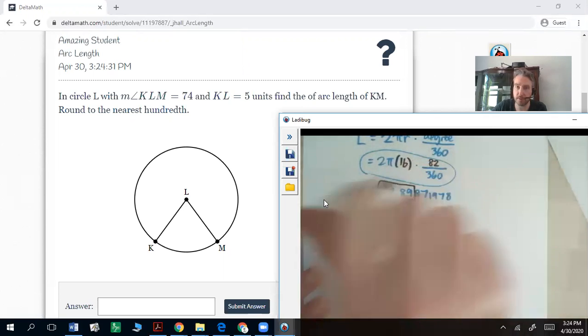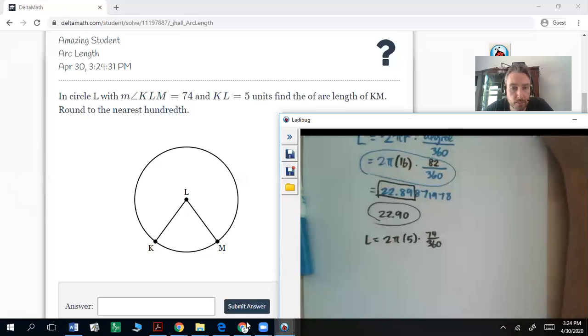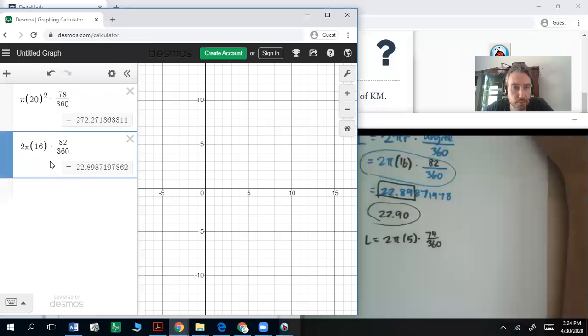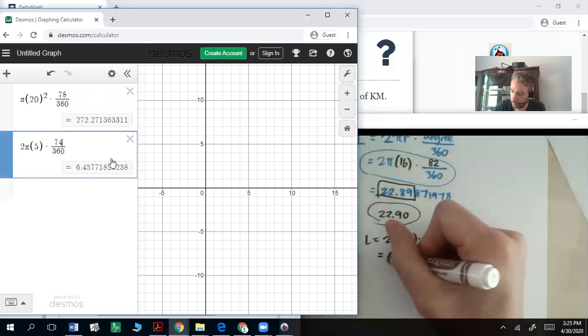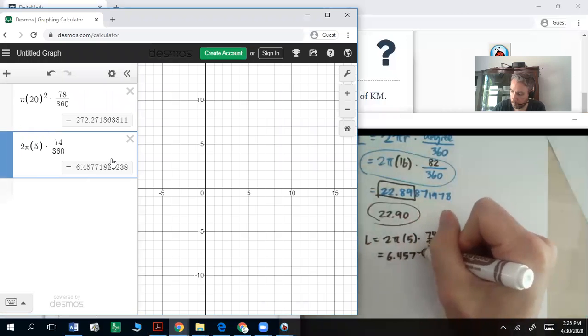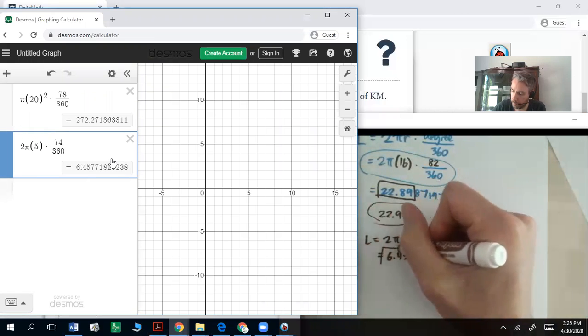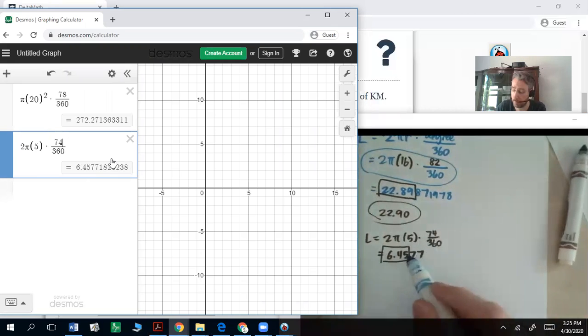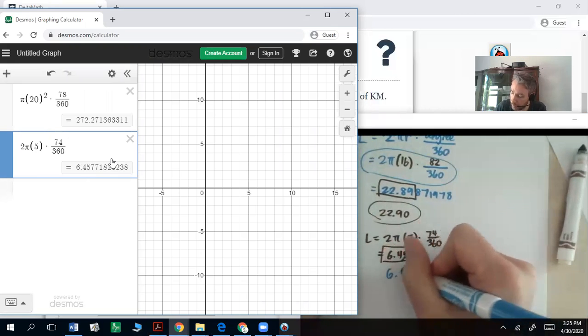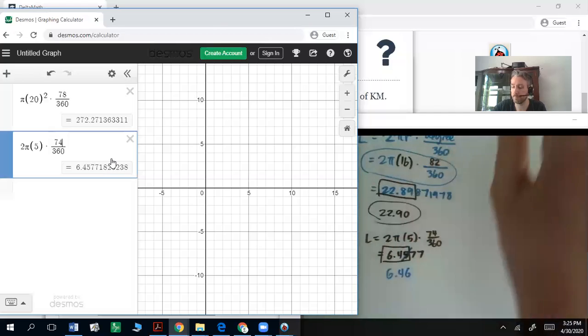I'm just going to change the 5 and the 74 in the calculator. 6.4577. If I'm focusing on the nearest hundredth, and I see that the 5 is followed by a 7, I do want to bump that 5 up to a 6, so 6.46.